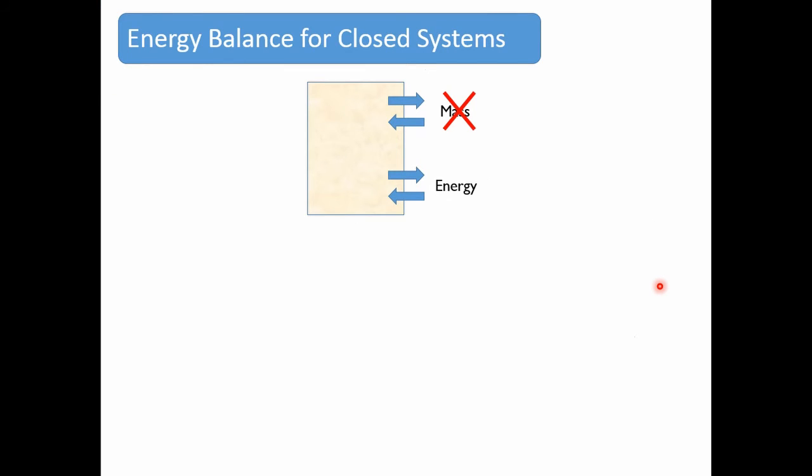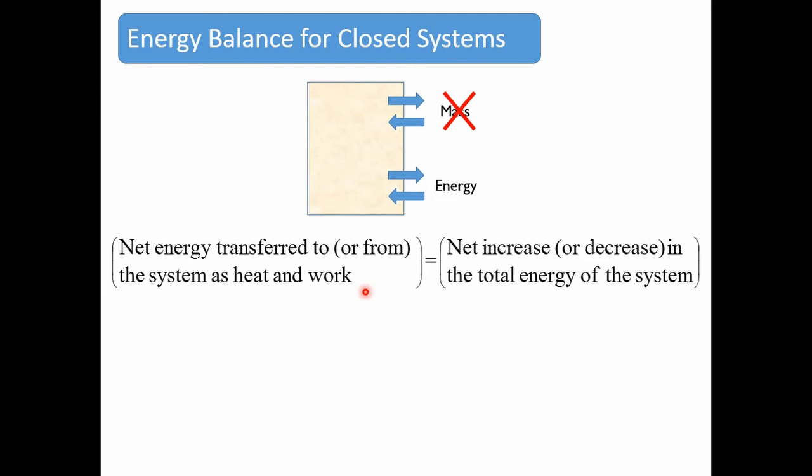Let us start with a closed system. You already know a closed system is a system where there is no mass transfer, but there can be energy transfer by means of either heat transfer or work transfer. This is a specific application of that generic statement into a closed system.